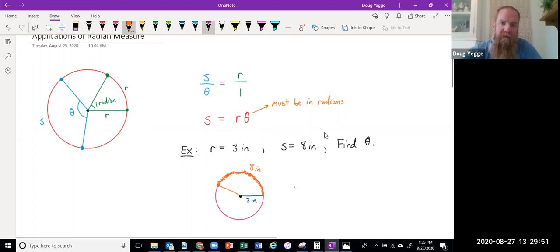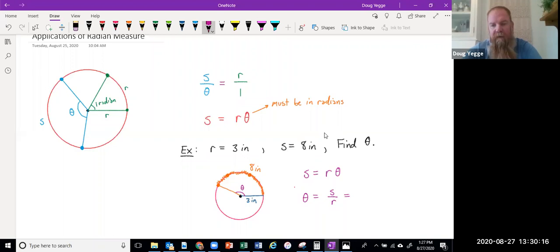So now we have a method to be able to find out what the interior angle is, which we refer to as theta. Okay. And so notice that in order to find theta, we could just use the formula that S is equal to r theta. But by dividing by r, we could also represent theta as the arc length divided by the radius.